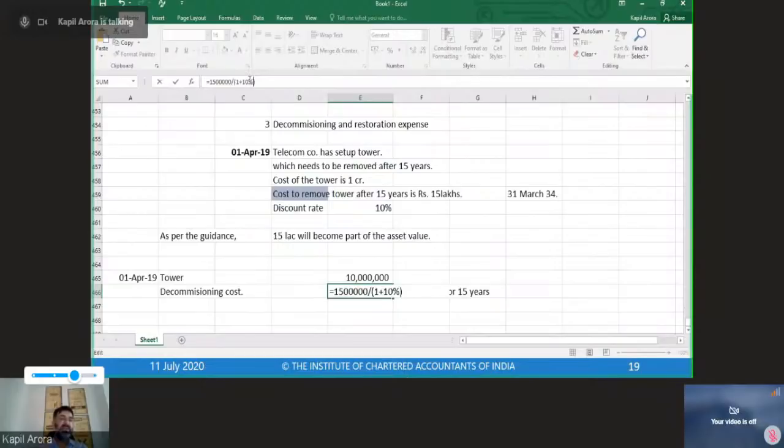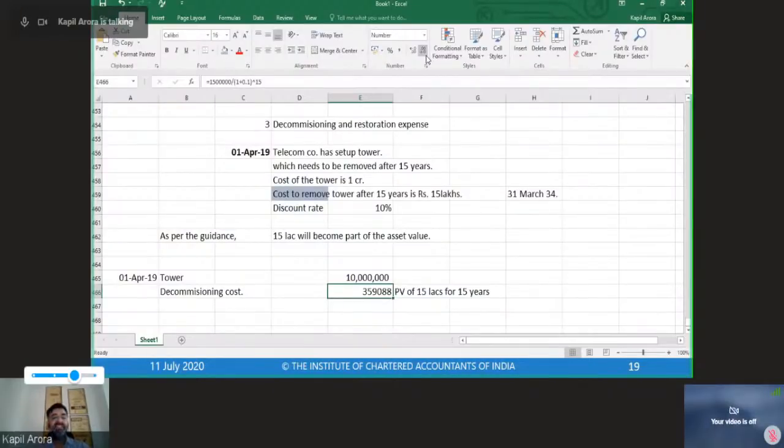So 1 plus 10% means 1.1, raised to the power of the number of years, which is 15. If we do that, we get the present value. So the present value of 15 lakhs today is 3,59,088.